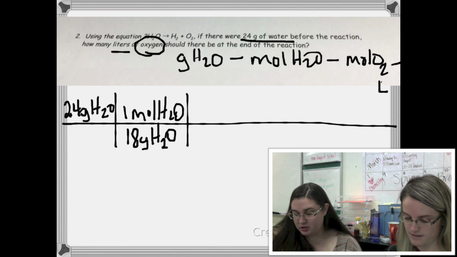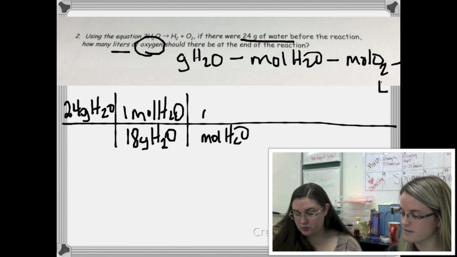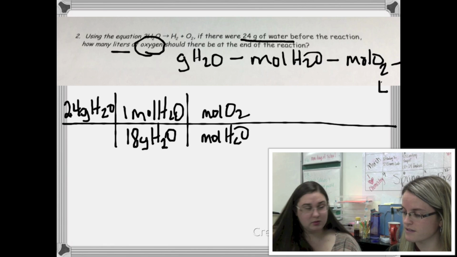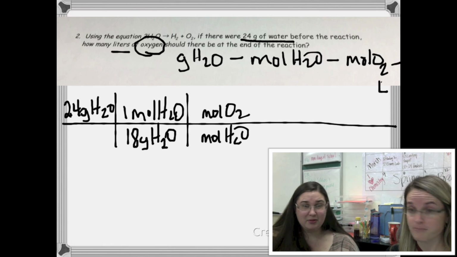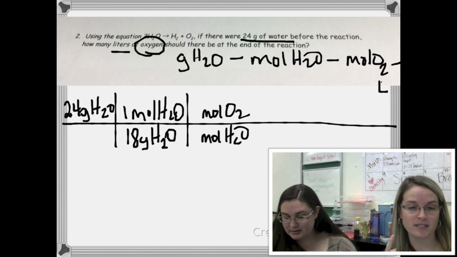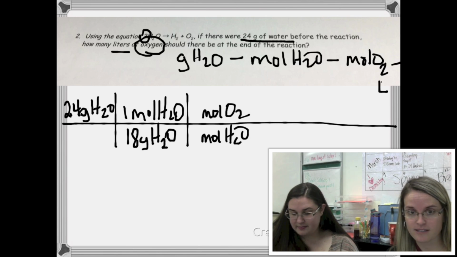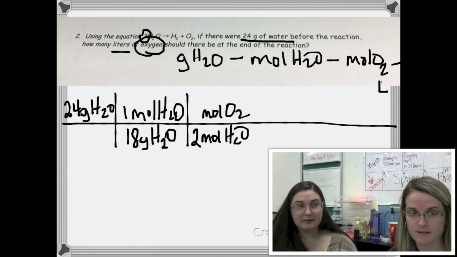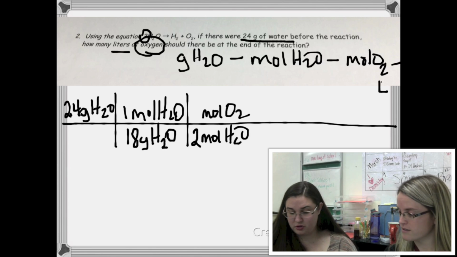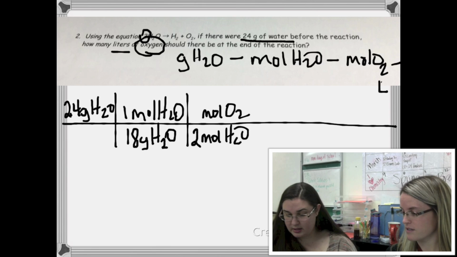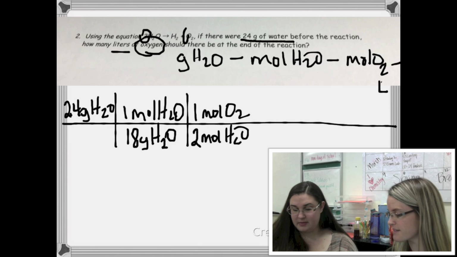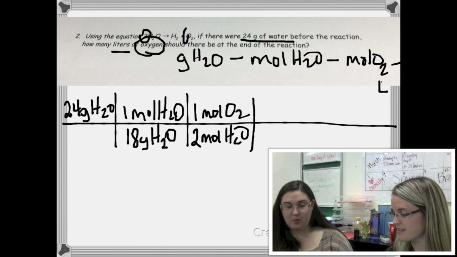And then I change my moles of H2O to moles of O2 using the molar ratio, the coefficients from the balanced equation. Coefficients are the big numbers in front that balance the equation. 2 for the H2O, and there's nothing there for oxygen, so what must it be? A 1.